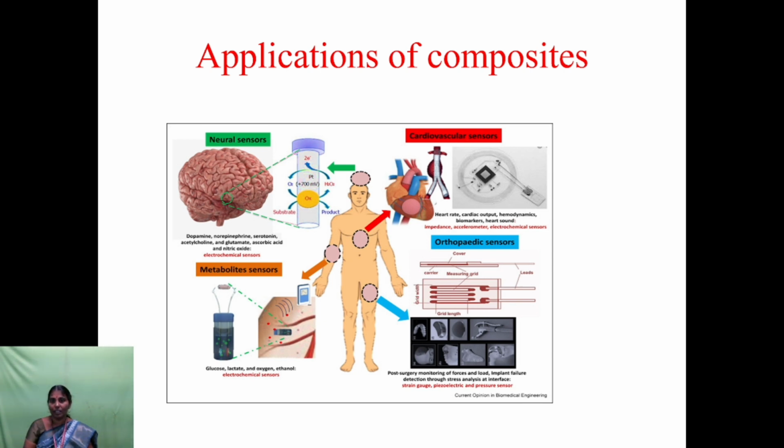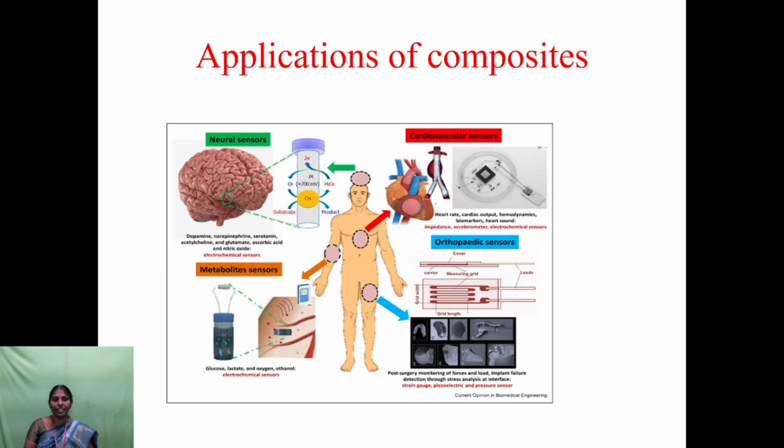And cardiovascular sensors can measure heart rate, cardiac output and hemodynamics, biomarkers and heart sound, using impedance, accelerometer and electrochemical sensors. So cardiovascular sensors are used to measure and analyze this.